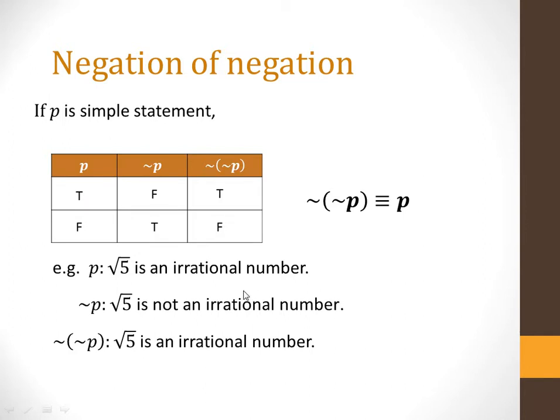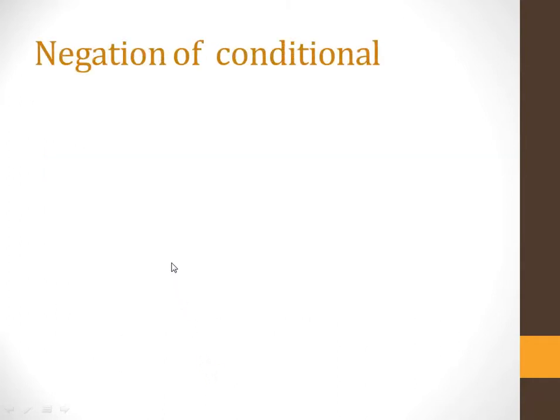We will discuss this concept with some more examples in our next lecture also. So negation of negation P is equivalent with P. Remember this. Now our next concept is negation of conditional, or negation of implication.